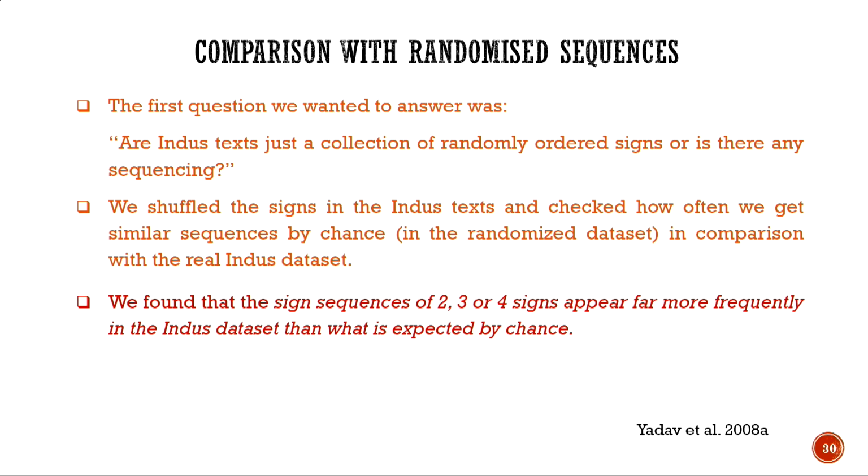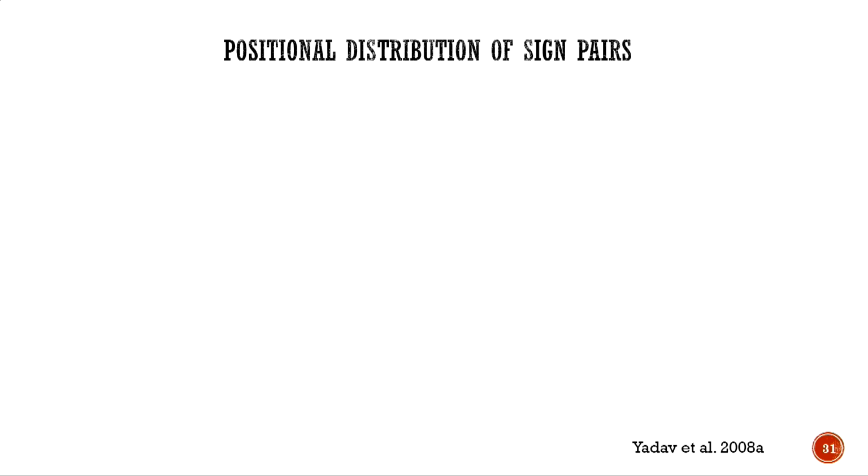The immediate question was, if these significant pairs, triplets and quadruplets do appear, where are they actually distributed in the text?